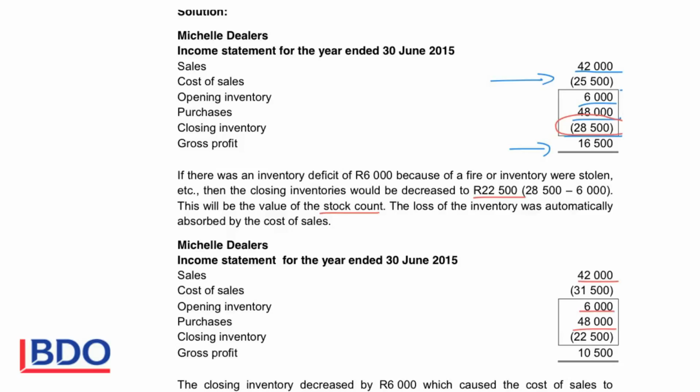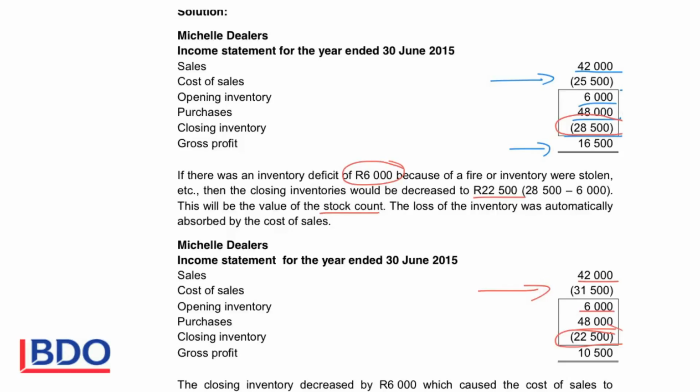Because there were goods lost, it means that my closing inventory is now $22,500. If I take the 6 plus 48 minus the 22,500, then my cost of sales is 31,500.